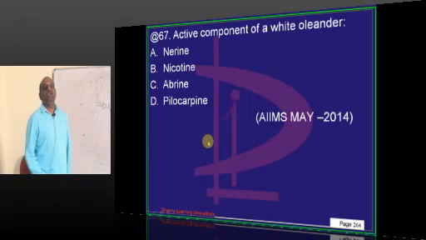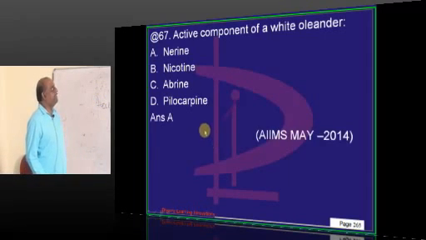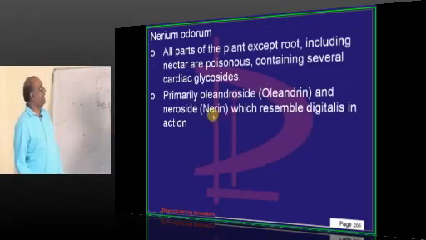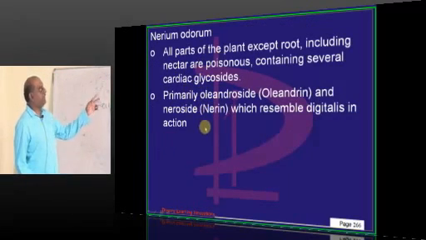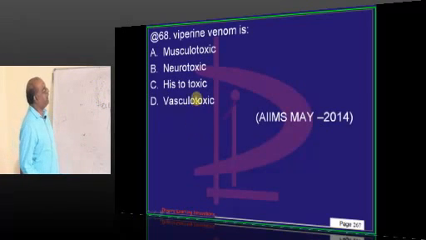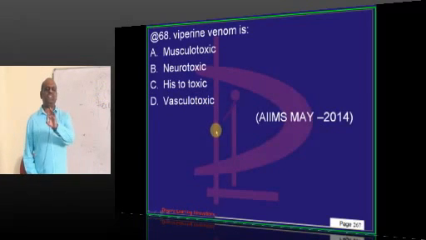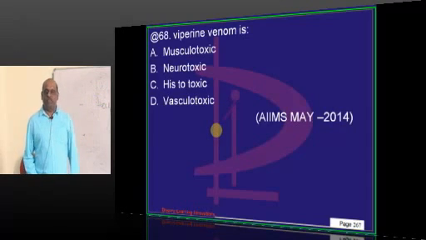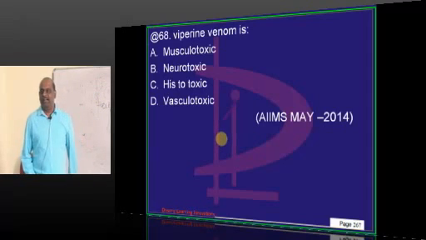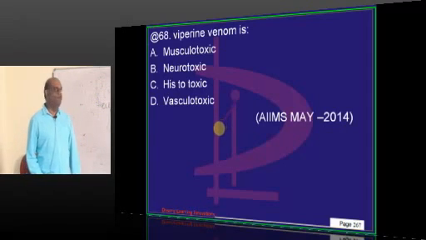The active component of the white oleander is basically nerine, is what you need to remember. In fact, all parts of the plant except the root are considered to be poisonous. This is such a standard MCQ. A snake will come in the exam: the difference between poisonous and non-poisonous snakes, everything.